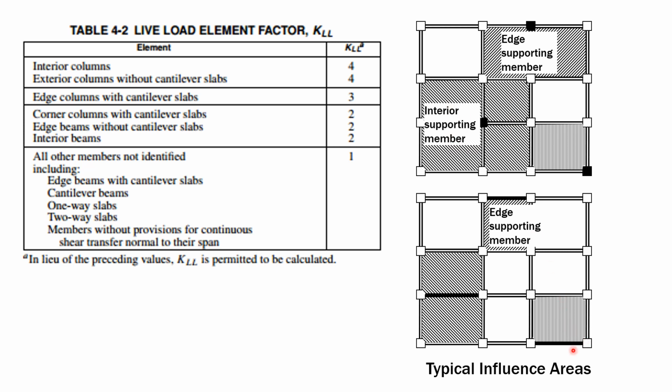Then we have here the edge and the corner supporting members, the corresponding interior supporting member for beam, corner supporting member for column, and this one is the corner supporting member for beam. This is the influence area. But the tributary area would be only this half to the next beam. For this corner, the tributary area would be this half, then half to the left. So that's the tributary area.